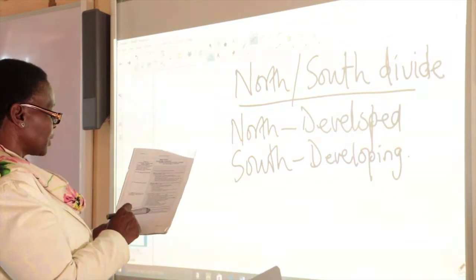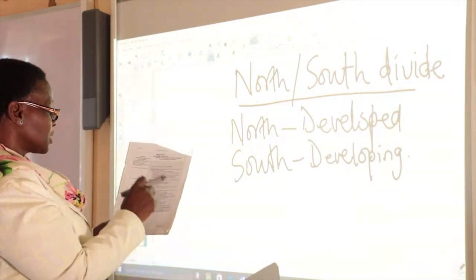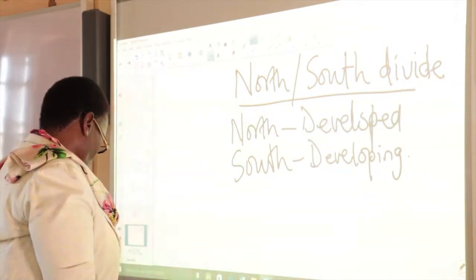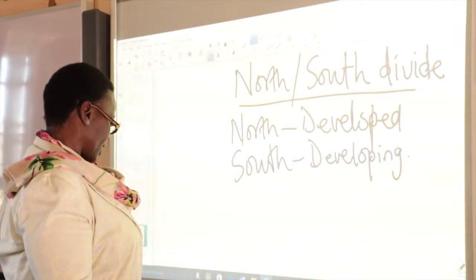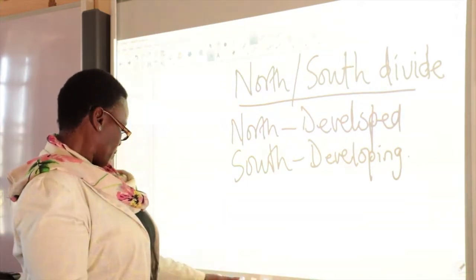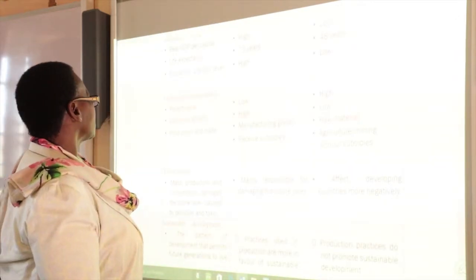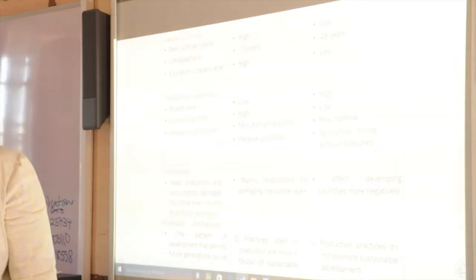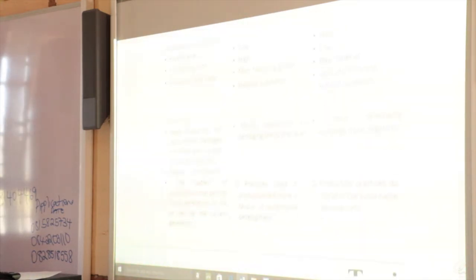And lastly, we compare them in terms of the environment, countries in the north and countries in the south, who are the culprits of destroying the environment. Now, I'll just project that section.